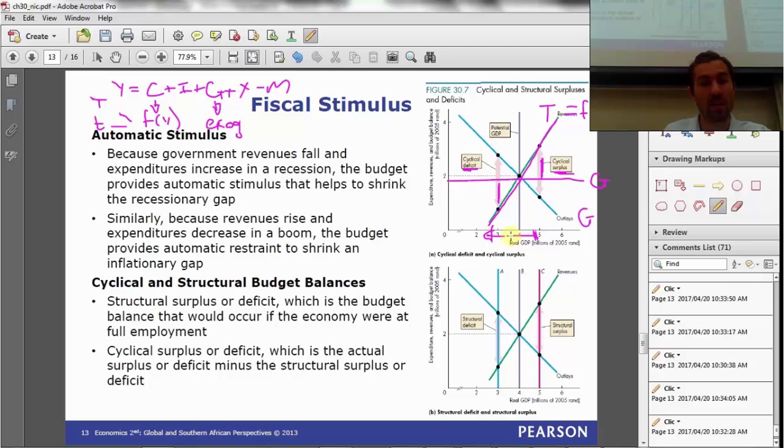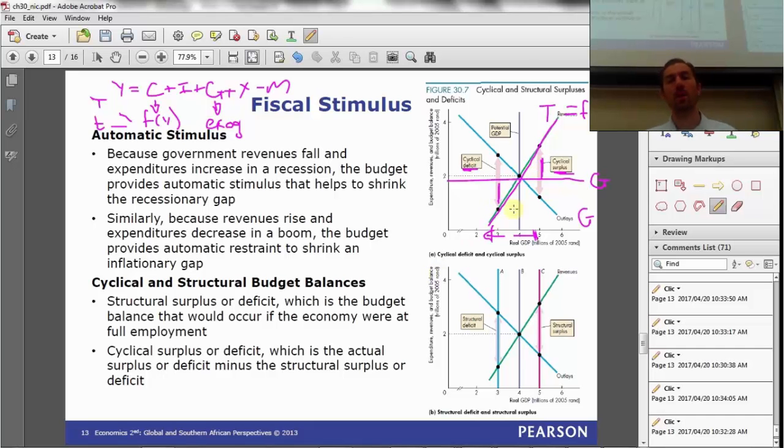So as GDP falls, revenues fall, government spending stays constant, you can see tax revenues are less than government spending. Government budget's going to be in deficit, right? Alternatively, if GDP is increasing, with government spending staying constant, tax revenues increase, we move into a surplus where tax revenue is above government spending. So we've got a surplus.